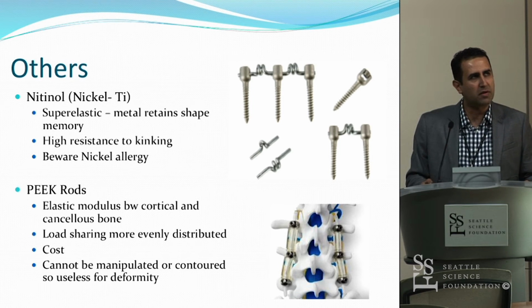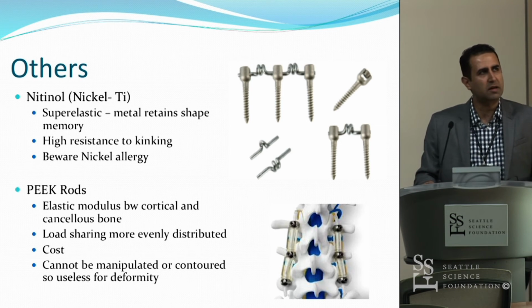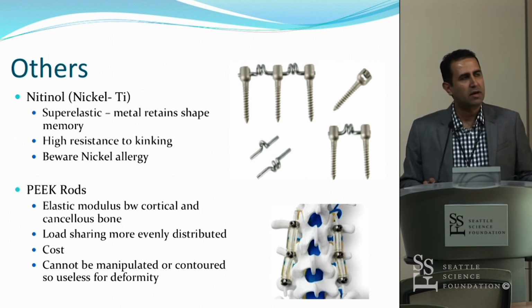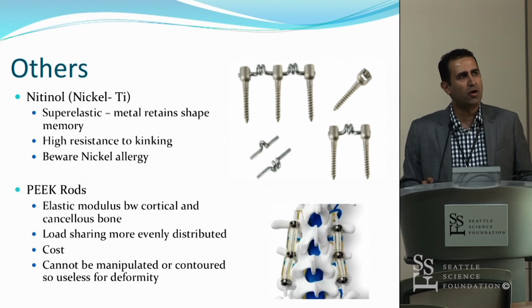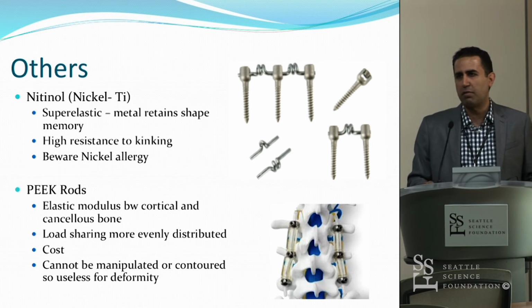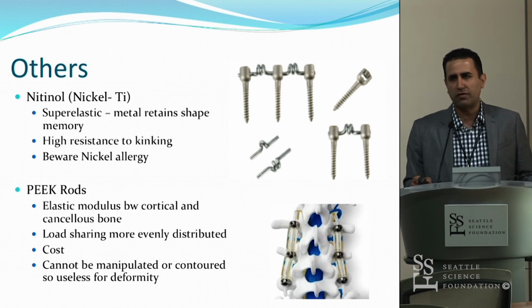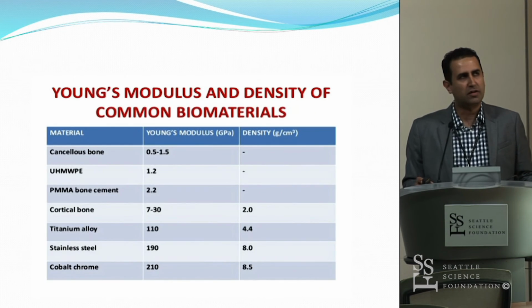And the problem is nickel allergy, I guess, given it's made up of nickel and titanium. PEEK rods we talked about. Again, we said it's a great option when we want to share the load. And again, its elastic modulus resembles bone much more than the metals. But the problem is that it's not useful for deformity when you need the stiffness to correct.